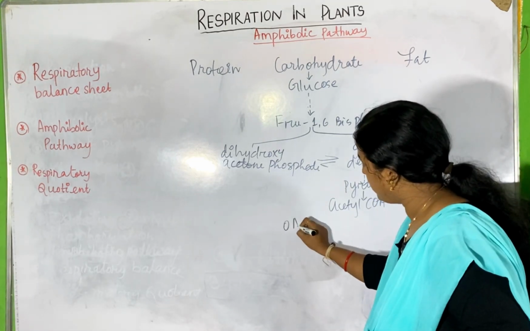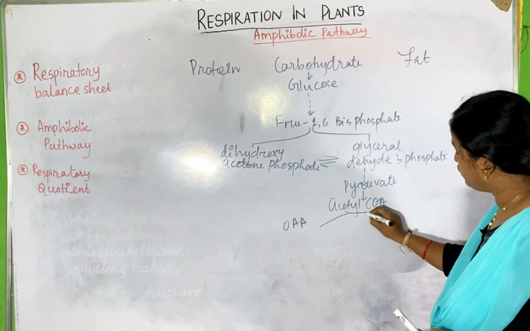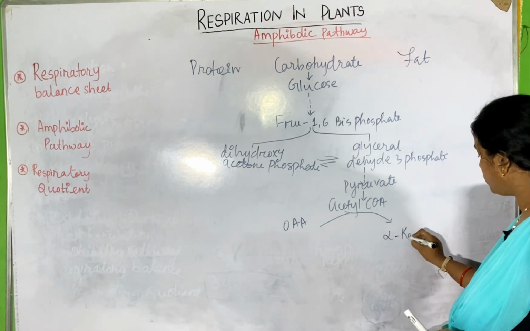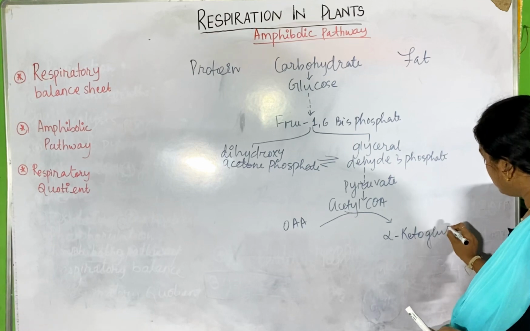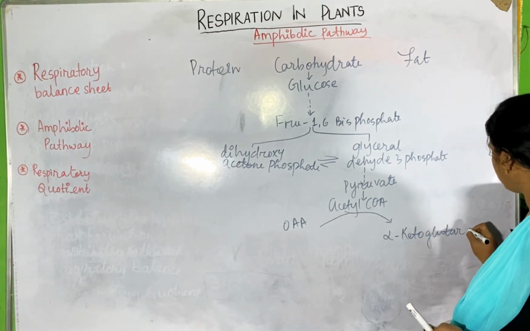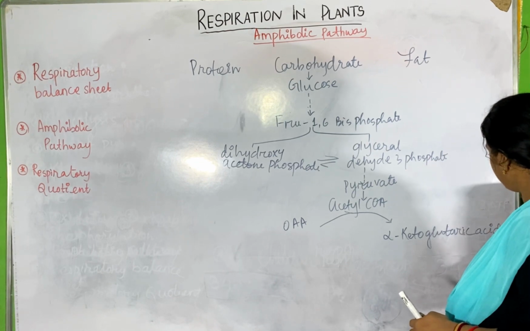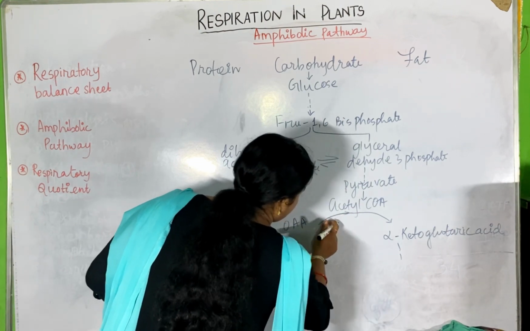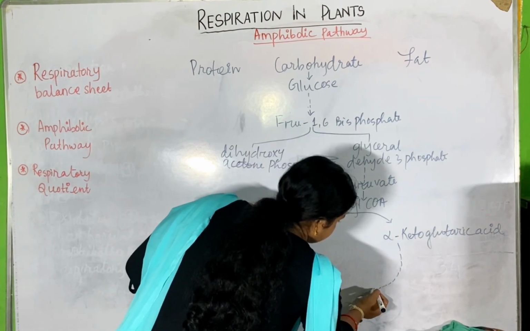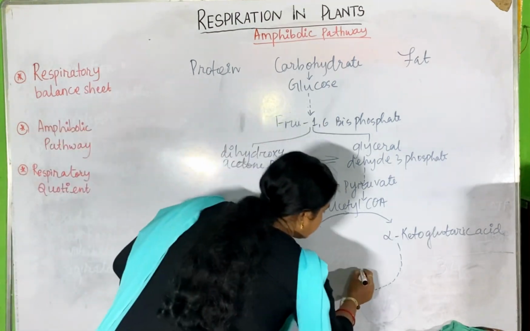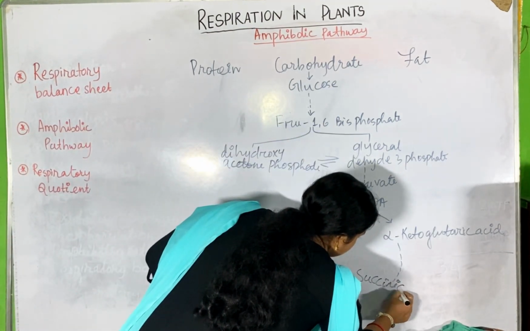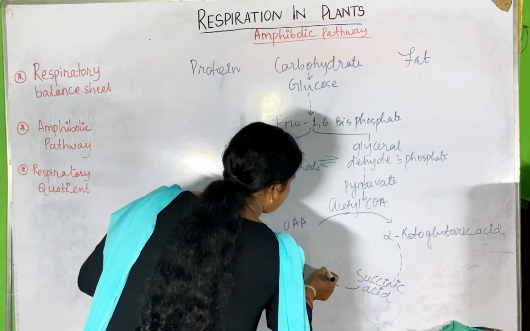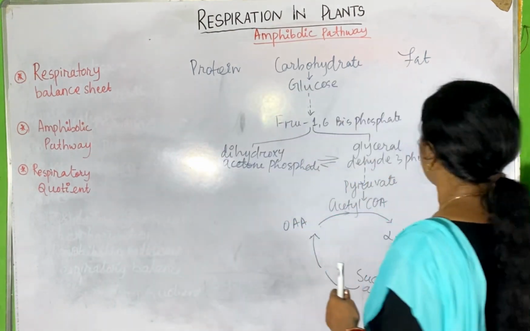It is first accepted by oxaloacetic acid, then it will form citric acid, after that alpha ketoglutarate or glutaric acid, after that succinic acid, then fumaric acid, malic acid, then again oxaloacetic acid. So this is the Krebs cycle.